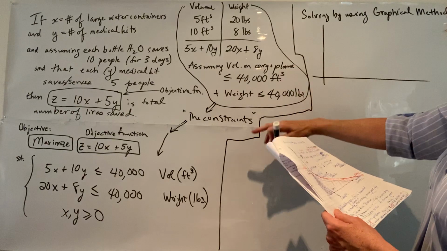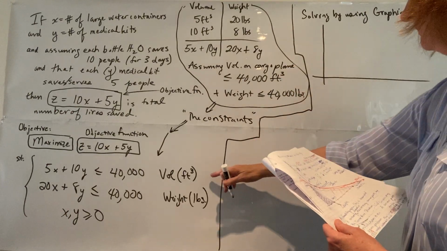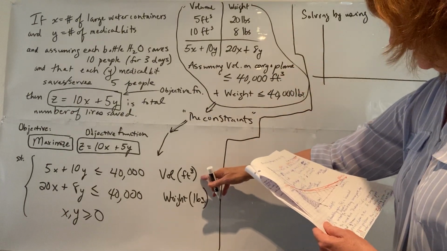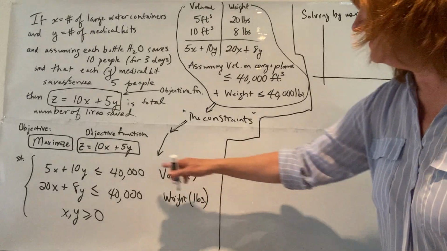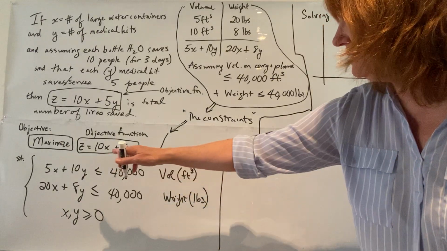The constraint on volume here. You can see that there are some points on the boundary line of that.